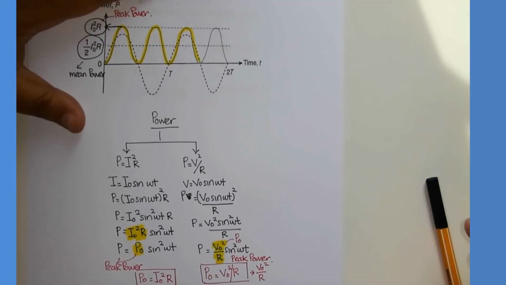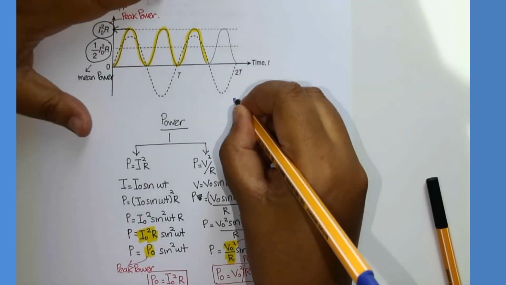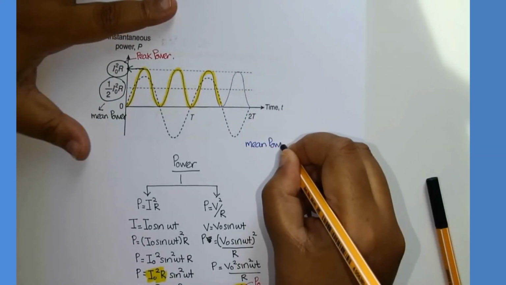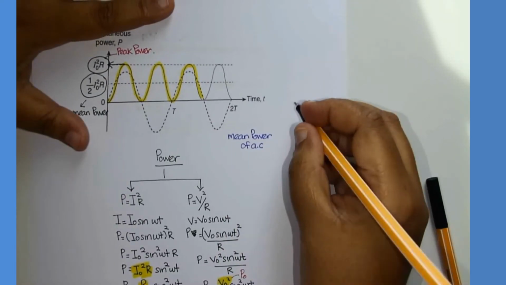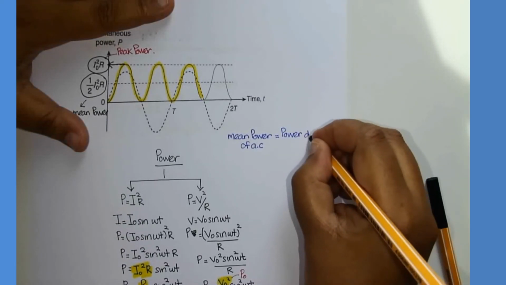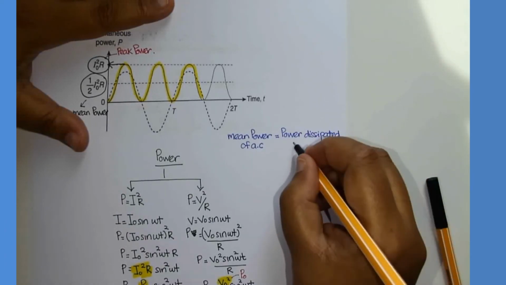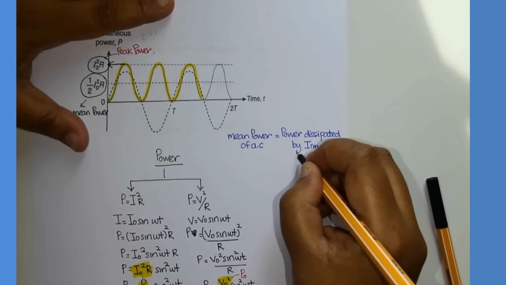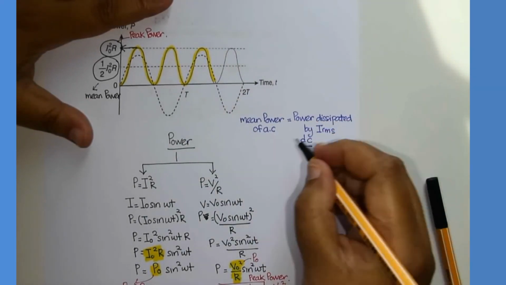The next concept here is from the explanation of RMS current. We know the mean power of AC is equal to the power dissipated by IRMS in DC, direct current. So let's look at this. Mean power of an AC.